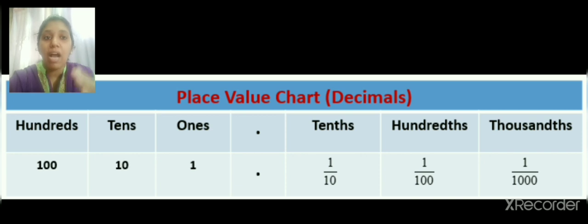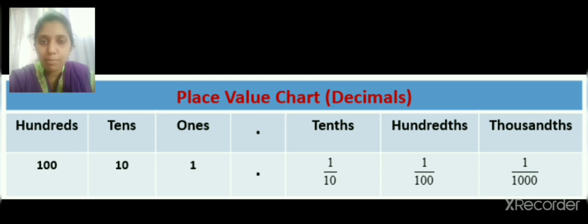Now after the decimal point, if a number is given, what is the place value of each number? After the decimal point, the first number, you will start from the number next after the decimal point.